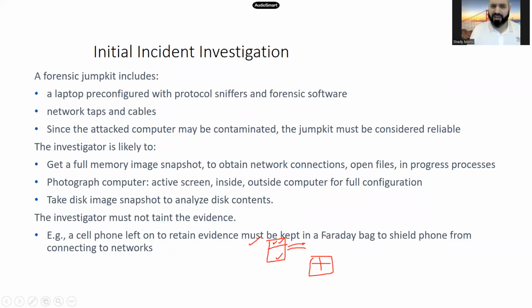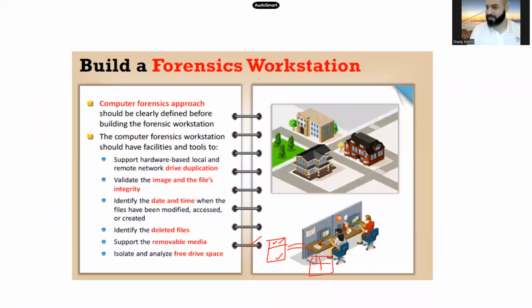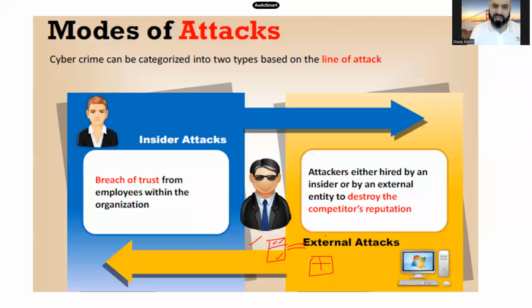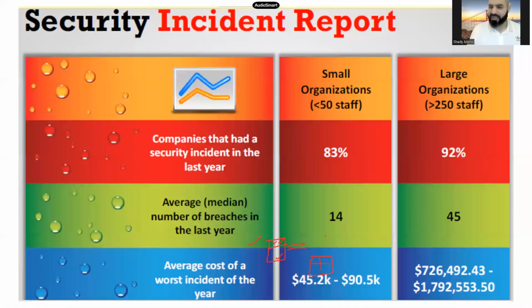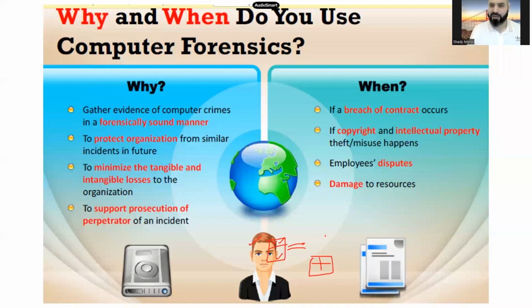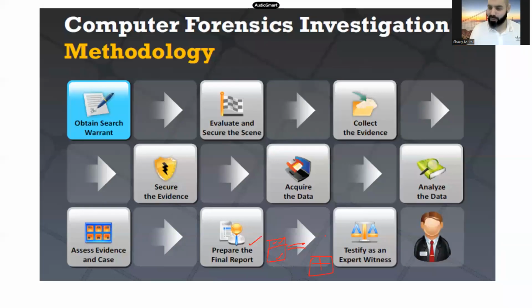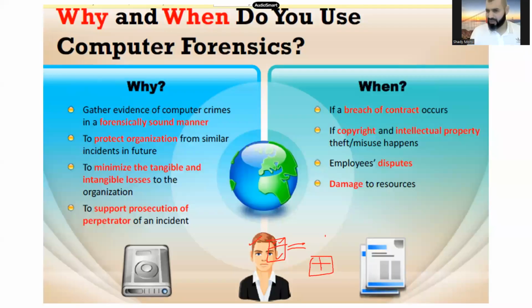So what is the definition of forensics? Until now we just said, okay, what are the specific investigation procedures? And then when do we need digital forensics and computer forensics? This is important also.